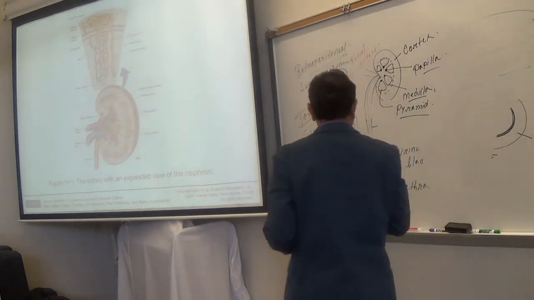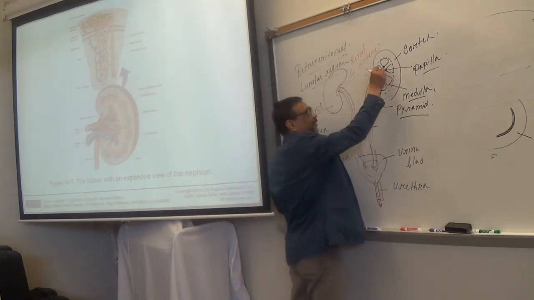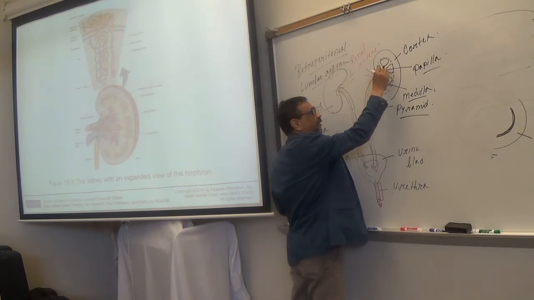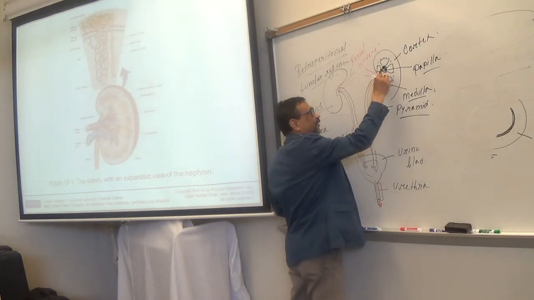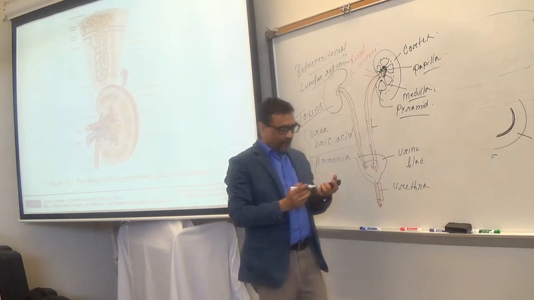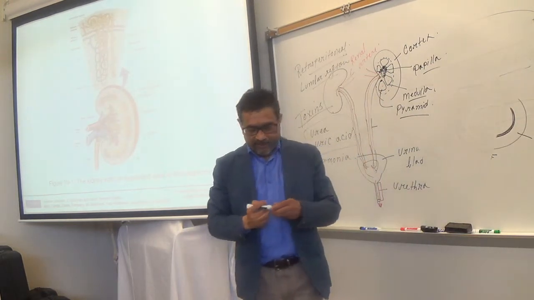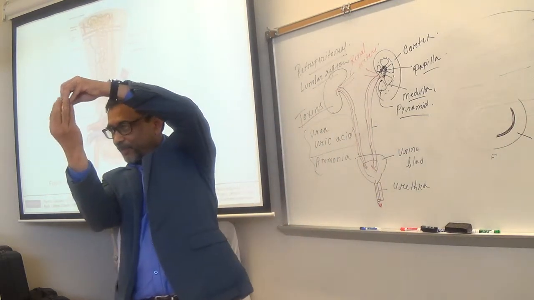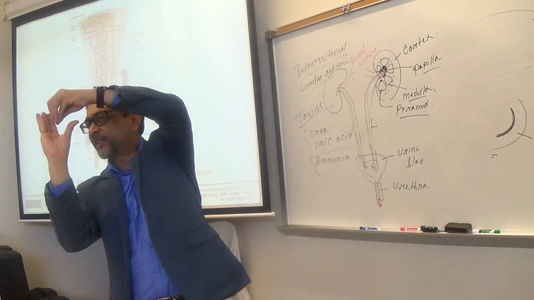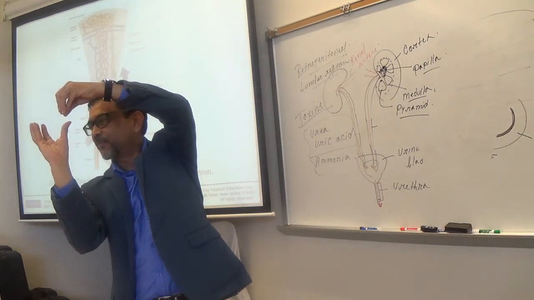And then you see small funnel-shaped structures here. You have seen funnels, right? So funnel-shaped structures like this. Like a cup, like this. So basically, if this is the papilla, the pointed part, a cup-shaped structure is like this, a funnel-shaped structure.